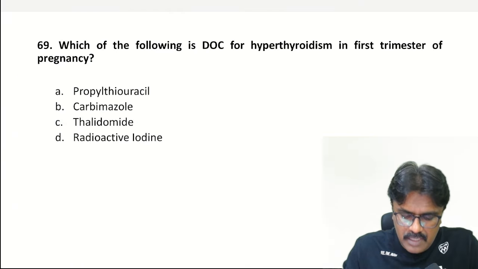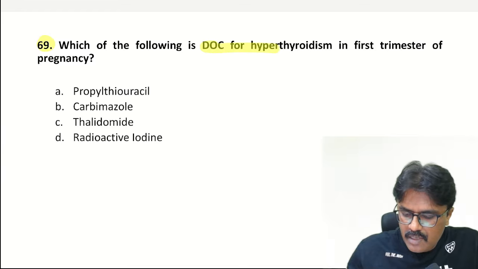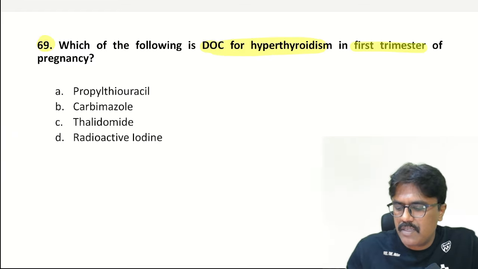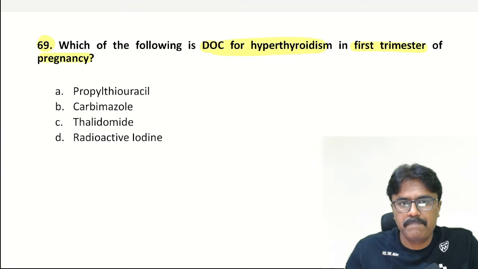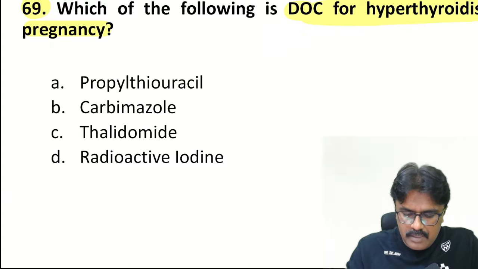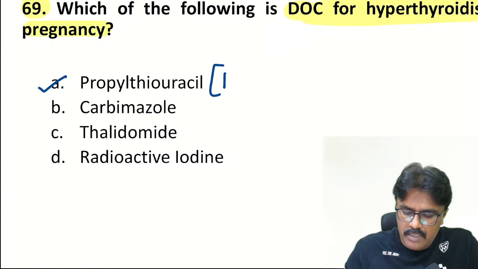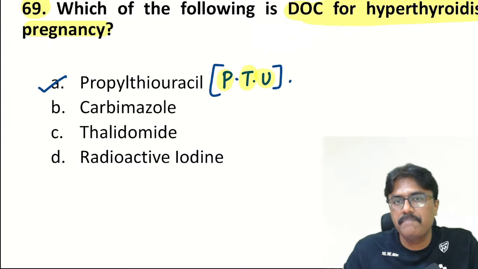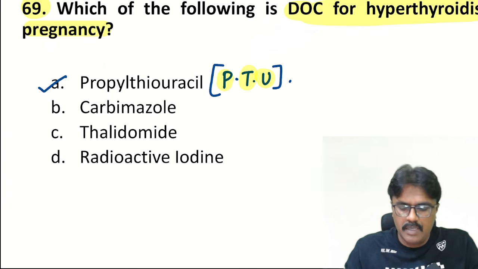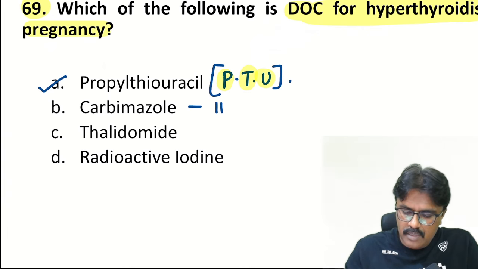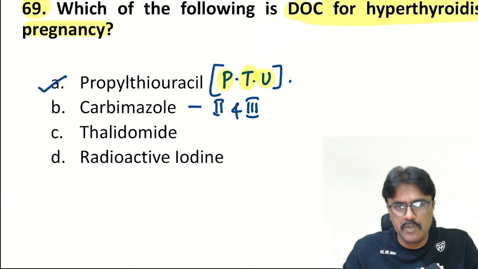Question number 69. Which of the following is a drug of choice for hyperthyroidism in first trimester of pregnancy? The answer is option A, propylthiouracil. So we write it as PTU. Remember it as it is used in the first trimester. Then for second and third trimester, the drug of choice is carbimazole.